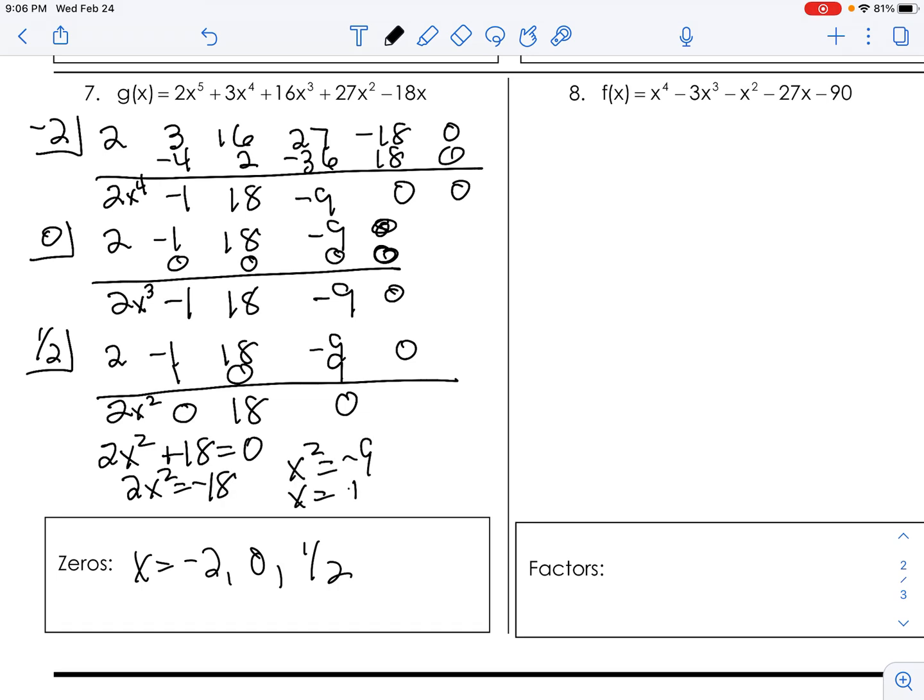X squared equals negative 9. X equals plus or minus the square root of negative 9, which is 3i and negative 3i. So graph your polynomial, find some zeros, and use each one of them in synthetic division to find the remaining zeros.